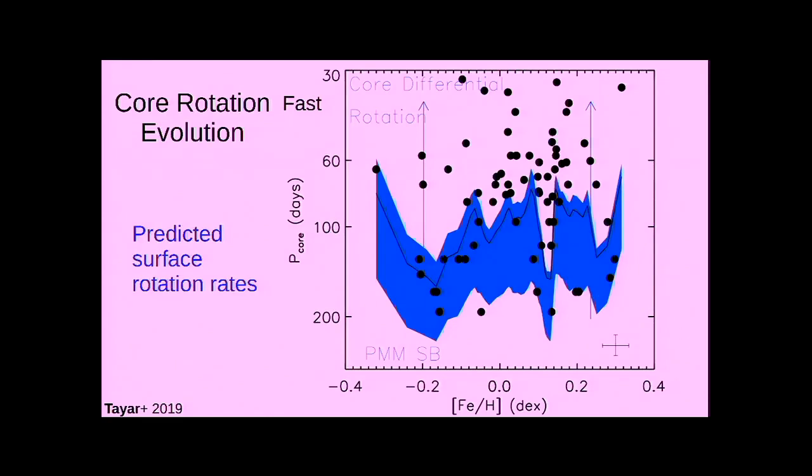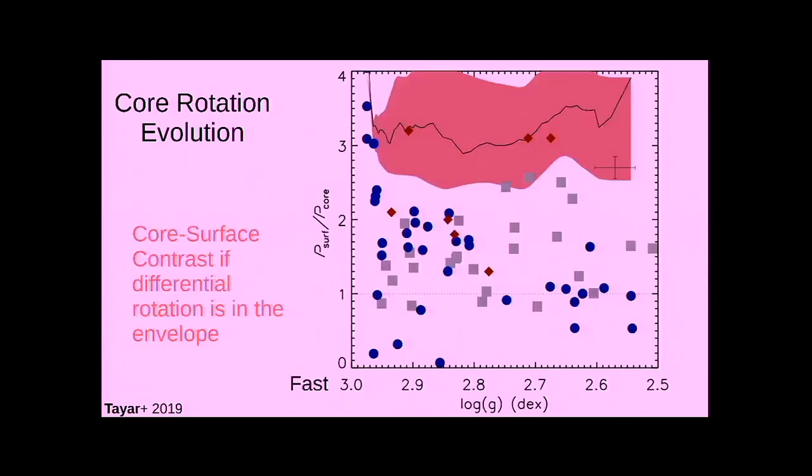Doesn't really look like it to me. And so you end up with a core-to-surface contrast that's sort of a factor of 2, and is the sort of thing you could imagine containing even in the convective envelope itself. I can't say for sure whether this differential rotation is located in the core of the star or whether it is located in the convective envelope, but it's a small enough ratio that you could just kind of hide it in the convection zone.